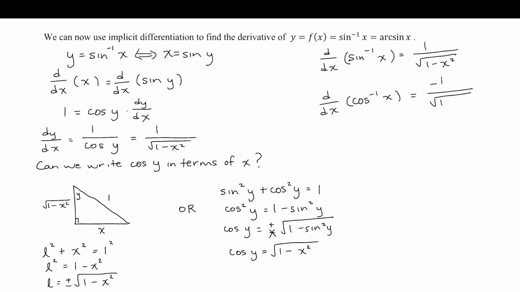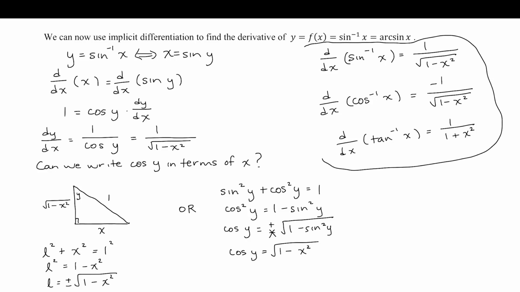The derivative of the inverse cosine of x is negative 1 over the square root of 1 minus x squared. And the derivative of the inverse tan of x is 1 over 1 plus x squared with no square root on it.